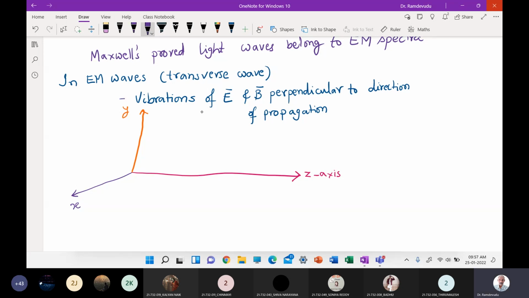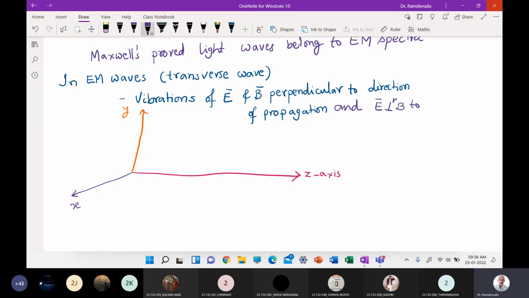Therefore, in electromagnetic waves, E and B are perpendicular to the direction of propagation, and another important thing is that E bar and B bar are perpendicular to each other.